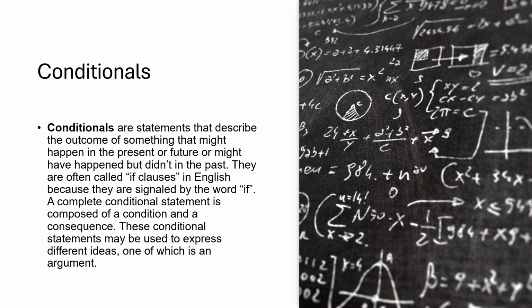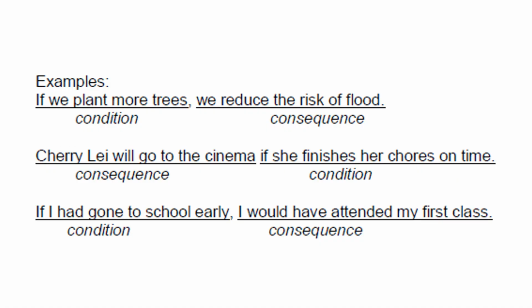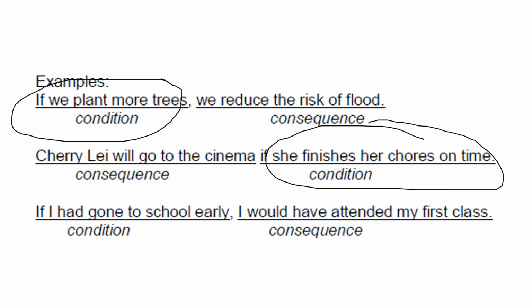Let's take, for example, the following. If we plant more trees, we reduce the risk of flood. Cherilei will go to the cinema if she finishes her chores on time. If I had gone to school early, I would have attended my first class. So, let's point out this way. As you can see, here's the condition. Here's another one. And here's another one.